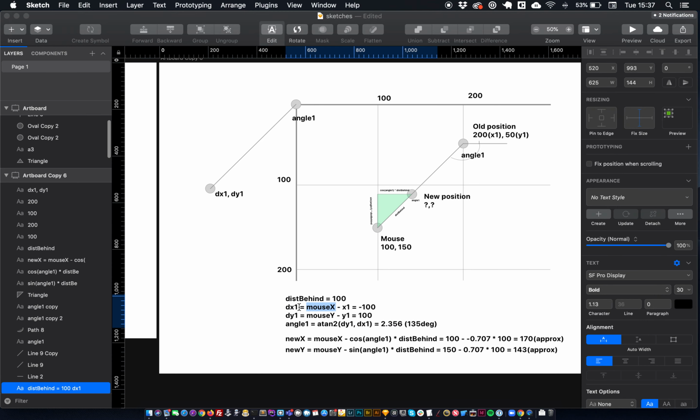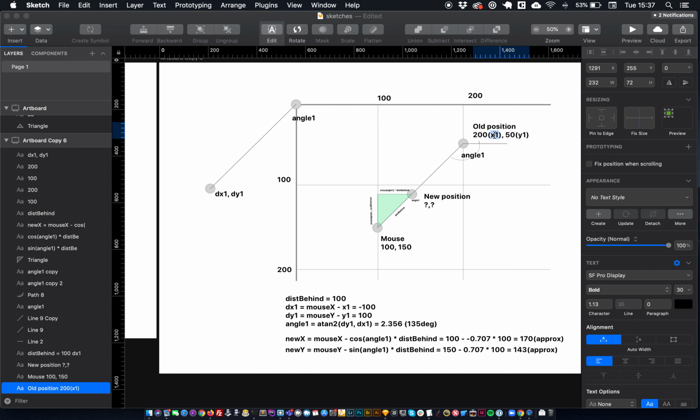The first thing we're doing here is dx1 is the mouse x minus the old x1 position, and then dy1 is the same but with the y values. So in this example, where the old position was 250 and the new position is 100 and 150, that comes up as minus 100, 100.